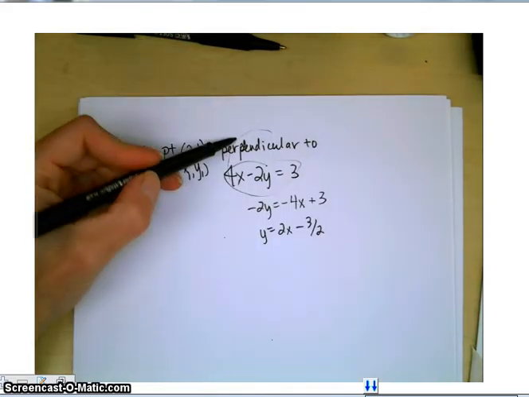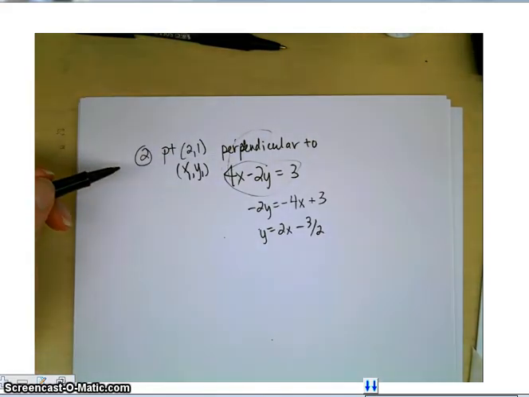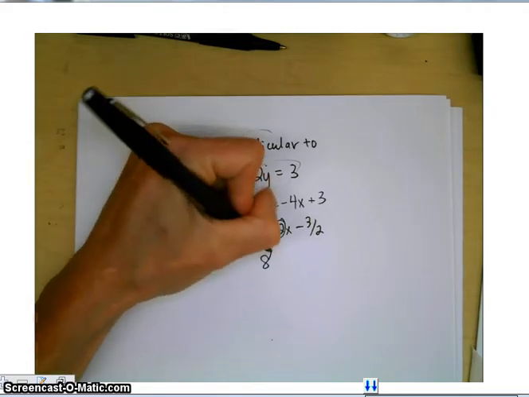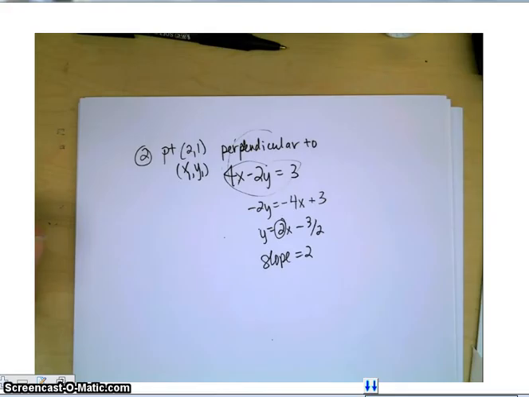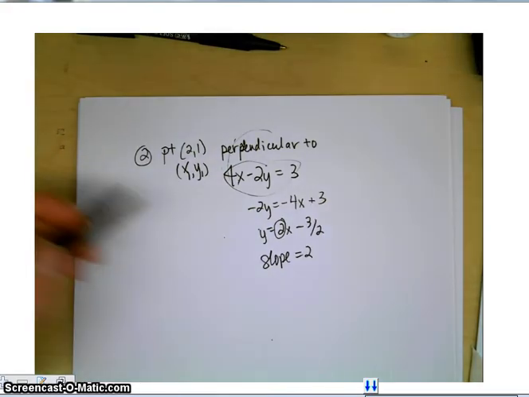And what's the slope of this line? 2. Y equal slope intercept form. So the slope of this line equals 2. Is that the slope of my line? Nope.